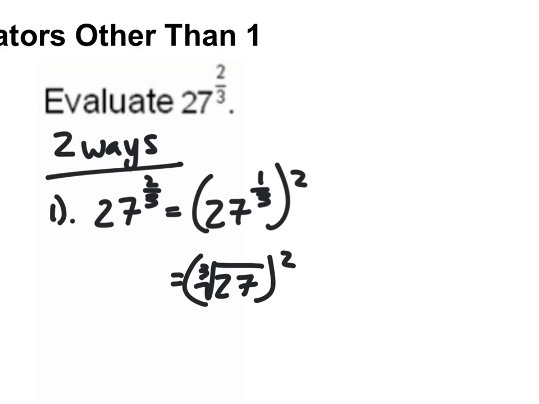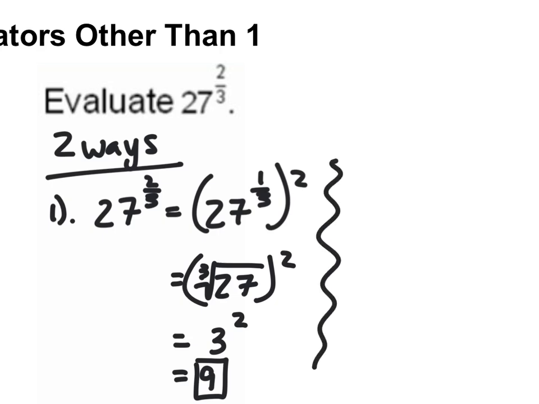The cube root of 27, the number that multiplies by itself 3 times to give 27, is just going to give you 3. So this simplifies down to 3, and then you square it, and that gives you 9. That's one way of doing this. Now let's think of the other way.